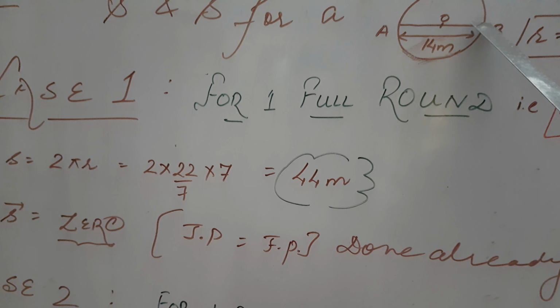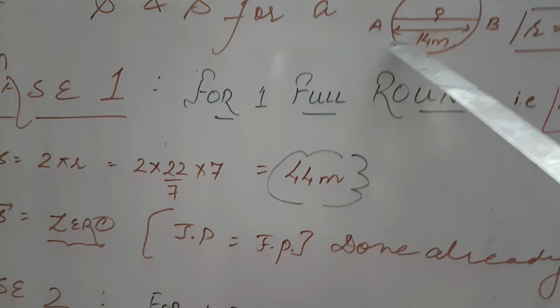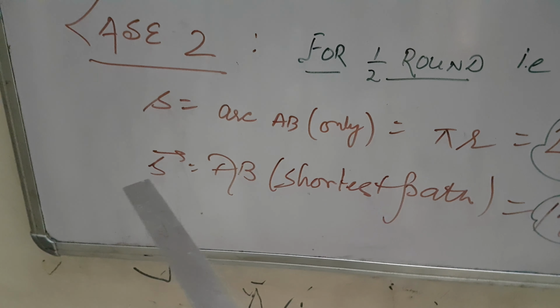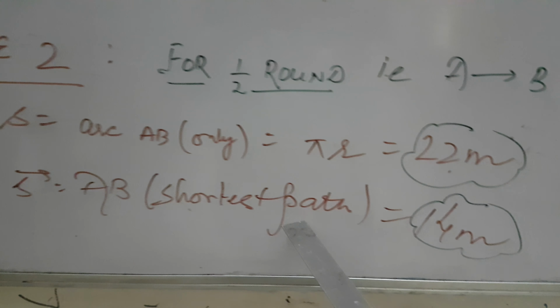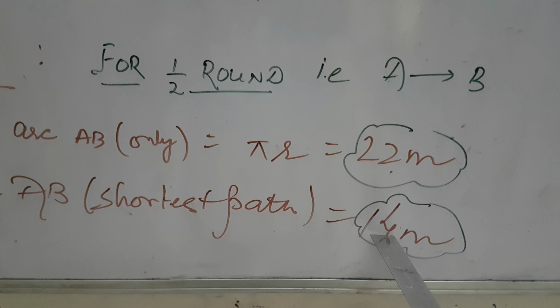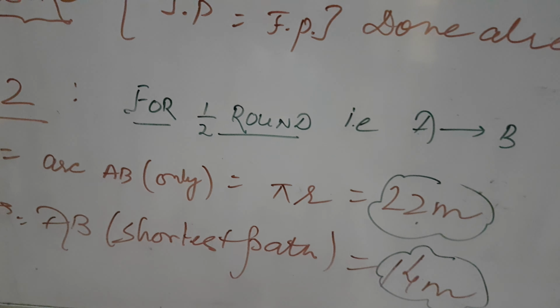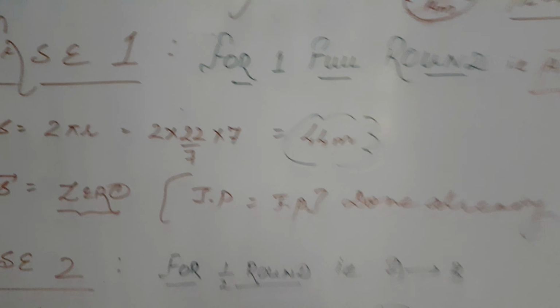So A to B is the shortest path, which is equal to the diameter. So for displacement we have written AB, which is the shortest path, and that is equal to the diameter. With this we have completed the problem for a circle.